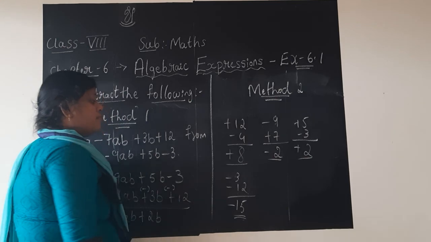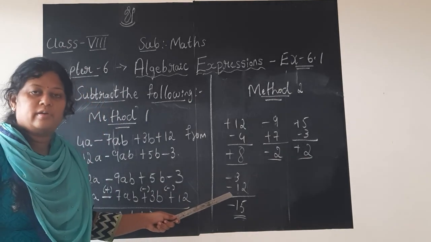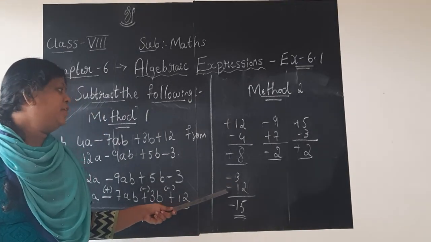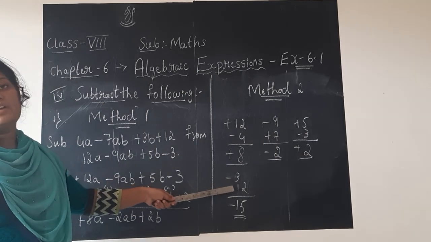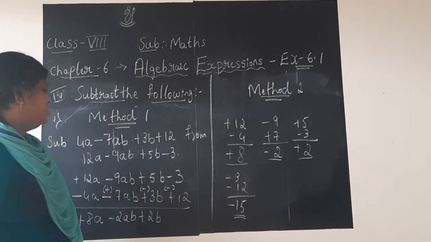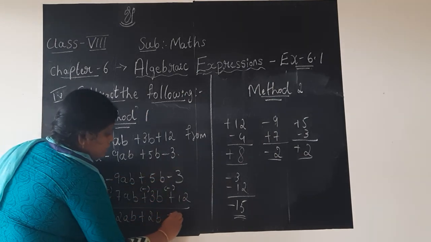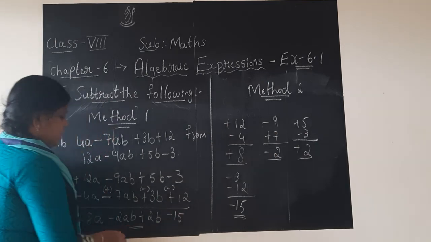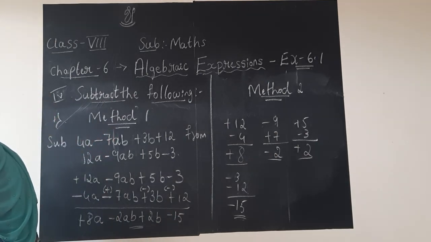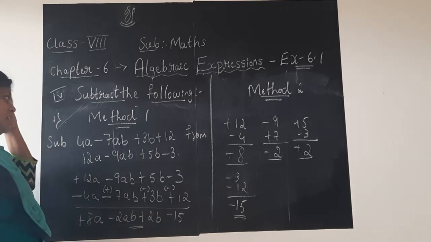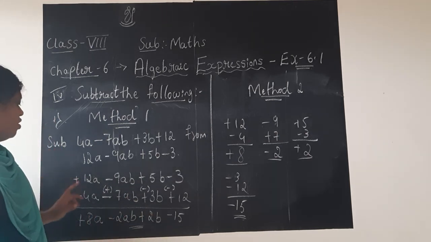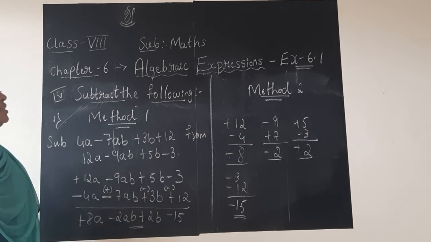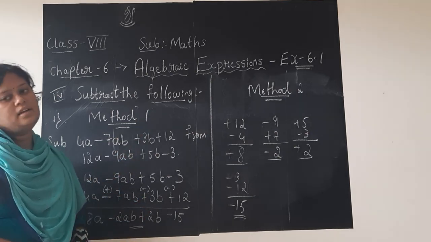So if at all I am quick and you are not following this, please go back to the video and recall the sign convention, children. Minus 3 minus 12 is minus 15. That's all is the answer. So this is one method of subtracting the polynomials which we have already discussed. Only thing is changing the sign. Method 2 we shall learn it now.